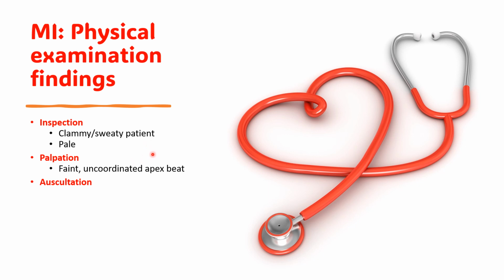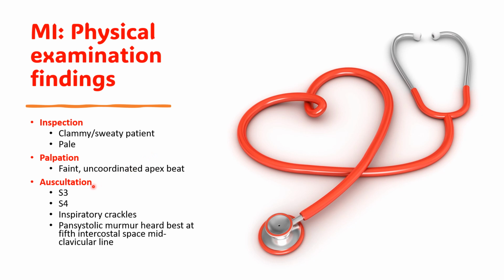And then a lot of the cardiovascular examination lies with auscultation. So we might have some additional heart sounds such as S3 and S4. Might be able to hear some inspiratory crackles on auscultation of the lungs, representing that pulmonary edema. And we might also be able to hear a pansystolic murmur, heard best at the fifth intercostal space, mid-clavicular line.